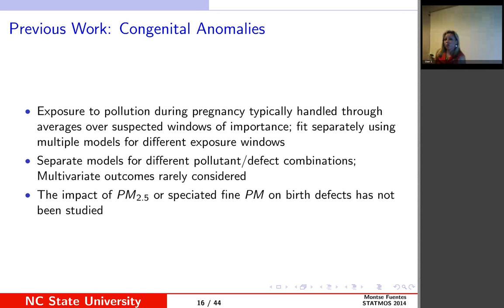With regard to the work that has been done, it's been primarily non-spatial, so at a given location, trying to understand what is the association between the potential level of pollutions, and there are very few pollutants that have been used in this type of health models in the context of looking at birth defects, and the data have been aggregated either throughout the entire pregnancy or maybe through a trimester. So the analysis have been conducted separately for different pollutants and for different birth defects.